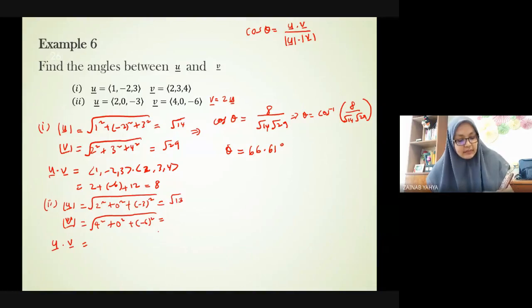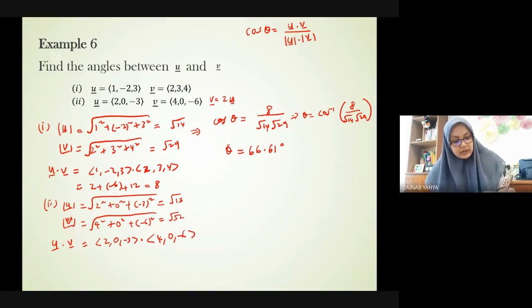Here 16 plus 36, square root 52. So now U dot V, 2, 0, negative 3 dot 4, 0, negative 6. So the answer will be 8 plus 18, which equals 26.